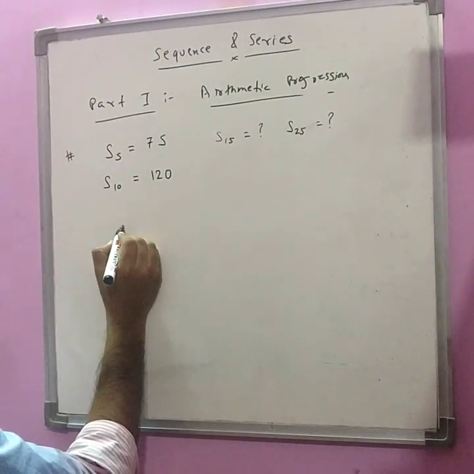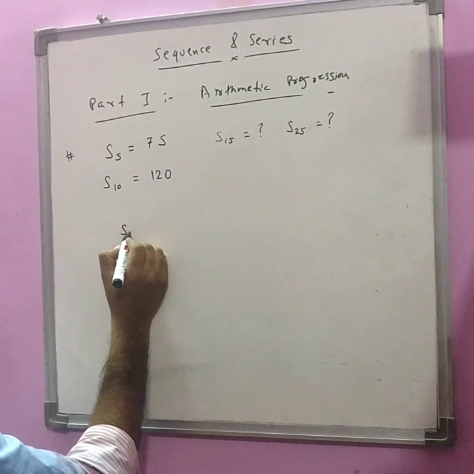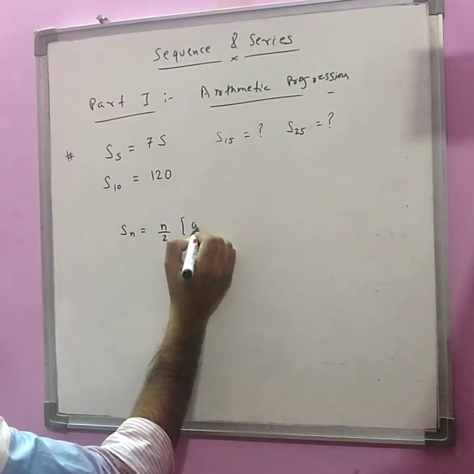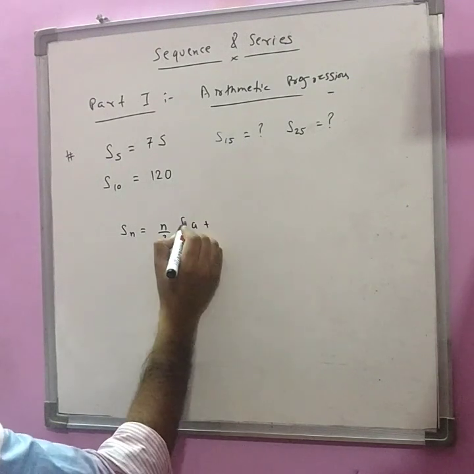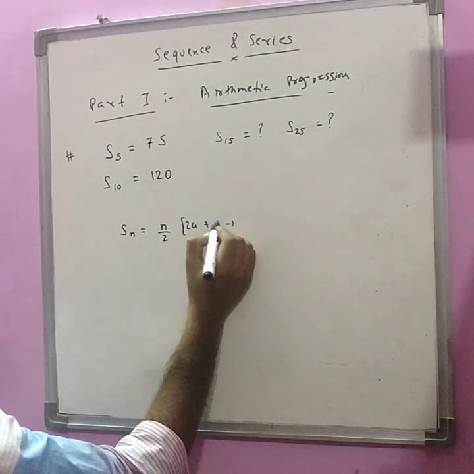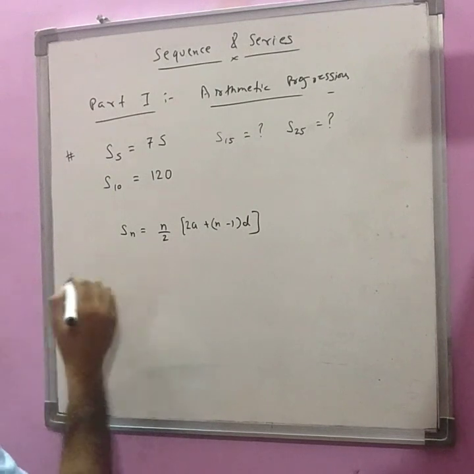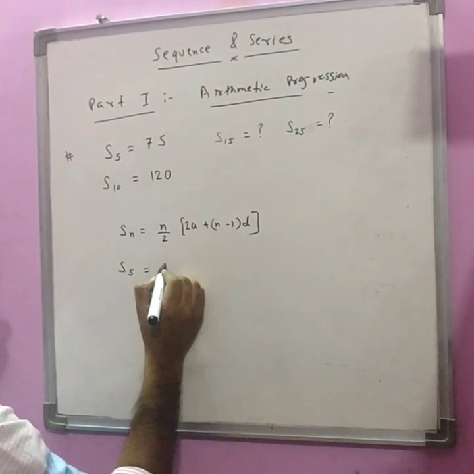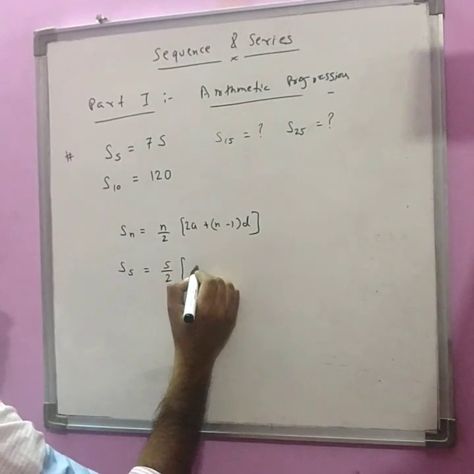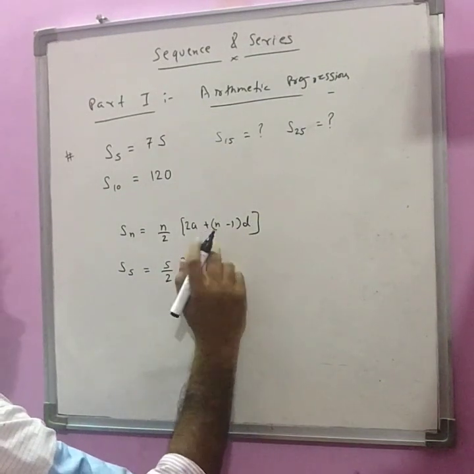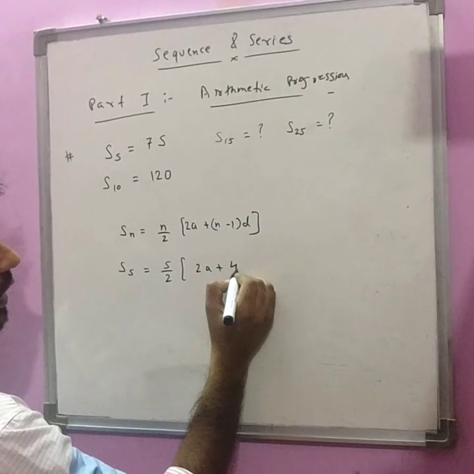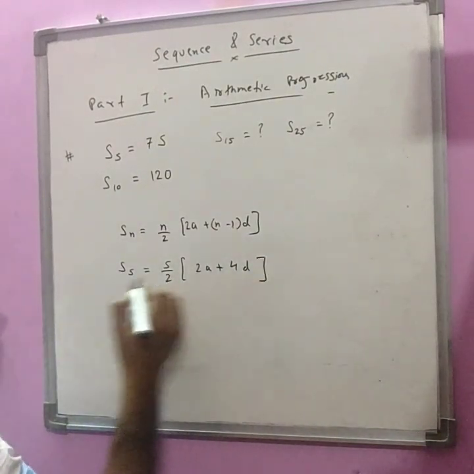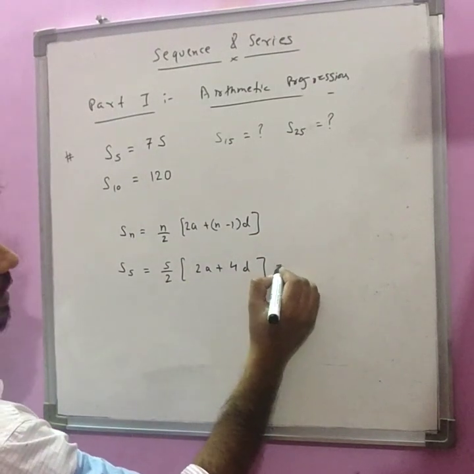For the sum of 5 terms, I have a formula. What is the formula for the sum? That is n by 2 times the first term plus the nth term, or I can write it as n by 2 times twice A plus n minus 1 into D. So for the first 5 terms, S5 would be 5 by 2 times twice A plus 5 minus 1, that is 4, into D, and this value is equal to 75.